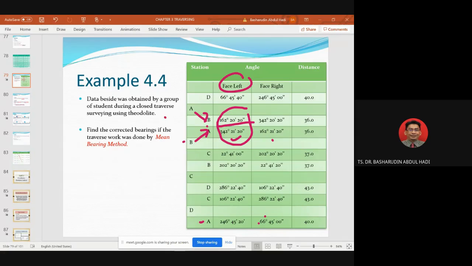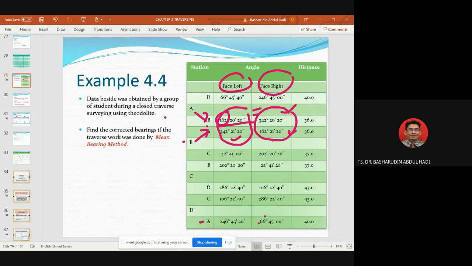If you want to calculate face right using this data, A to B 342 degree 20 minute 20 second, B to A 162 degree 21 minute 20 second. If you subtract, for example, face right and face left, AB face left, you plus with 180 degree because this one is less than 180 degree.